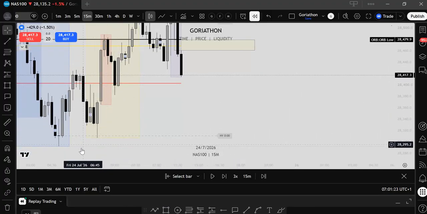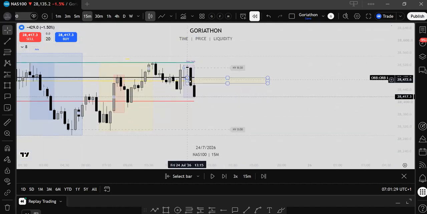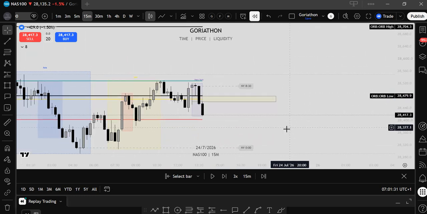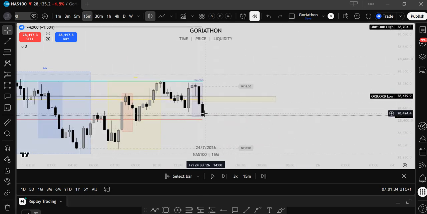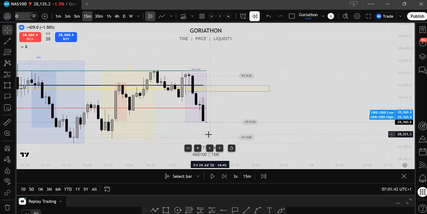Anything on the left? Nothing. So all sell side imbalances have got filled. We have one last one here. That's the only area the price could react, right? So we wait for 2:30. Okay, and then one more.